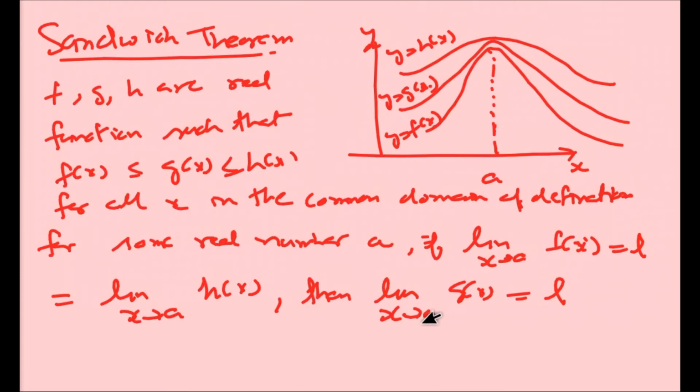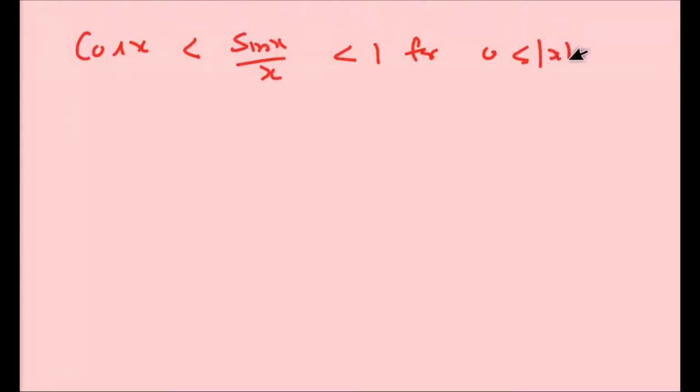So using this we can solve a question. Now, cos x is less than sin x upon x, which is less than 1, for 0 less than mod x less than pi by 2.